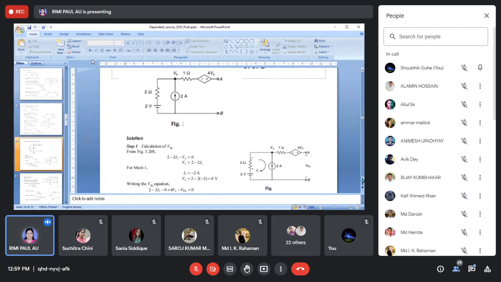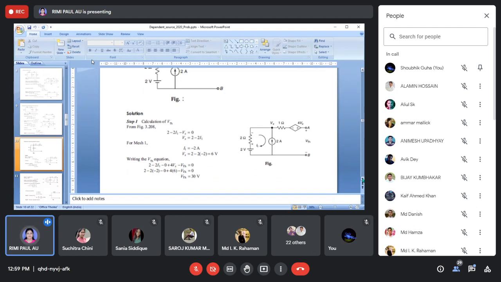So here it is first solved. What they have got here is that you have to find out the VTH. So minus 2 plus 2i minus Vx. They have taken it as minus because they have the opposite polarity. So I have taken here minus 2, here plus 2i, and plus Vx, that is equal to 0 for this branch current I1.